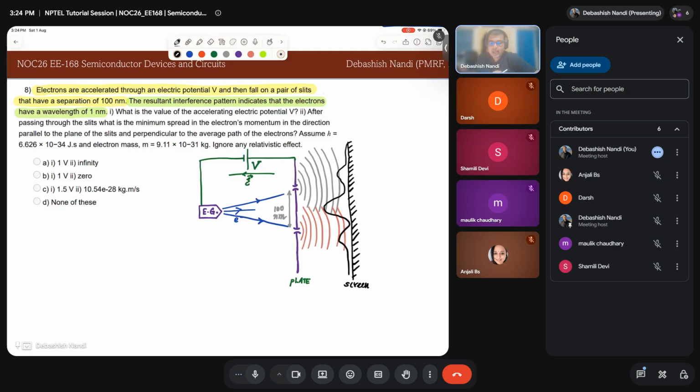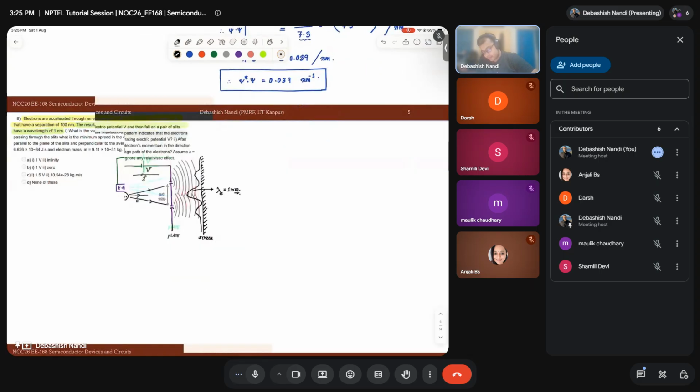Fine. And it is mentioned that from the interference pattern you found out that the wavelength of the electrons is 1 nanometer. Okay. So is the setup clear?